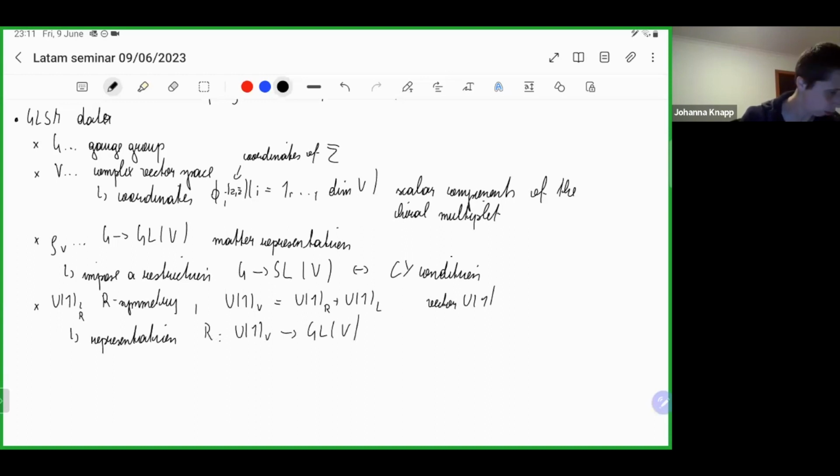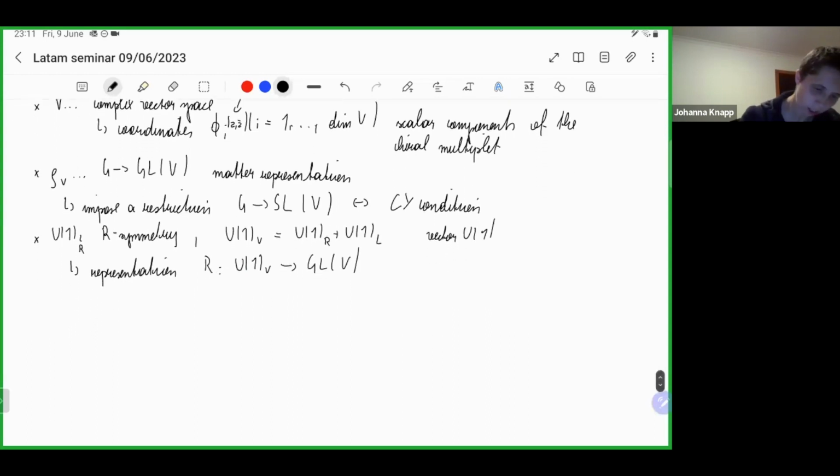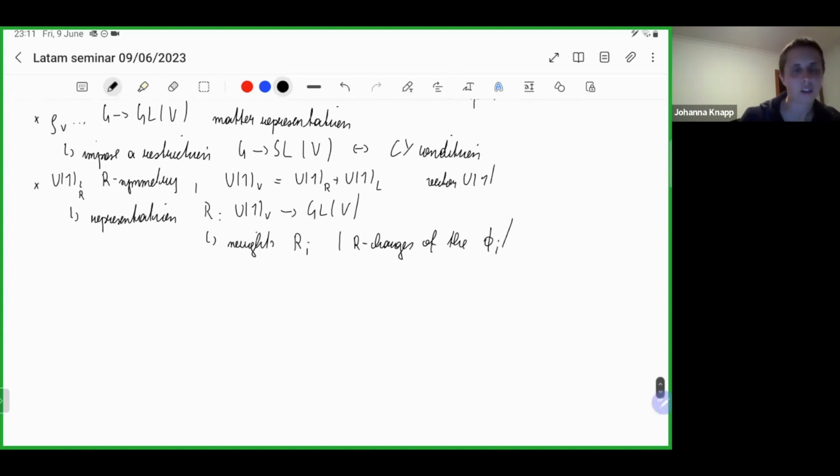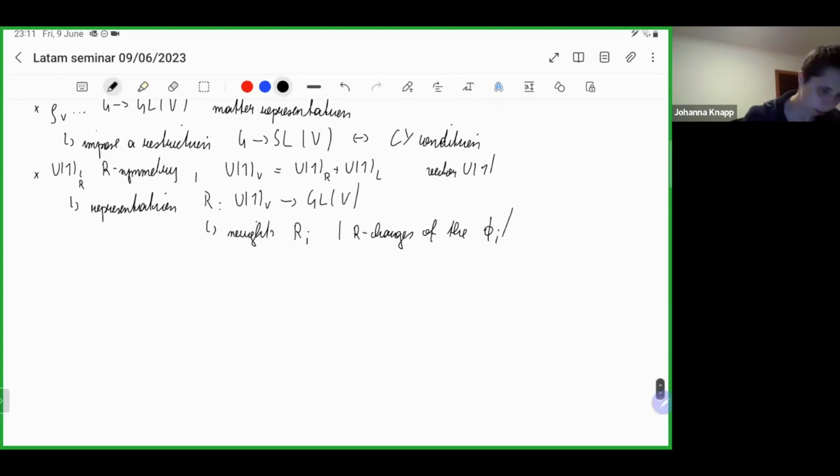You also have the axial thing, but I will not mention this today. And because the U1s are easy, the weights of this representation I will call Ri. So these are the R charges of phi I. So we only have a bunch of scalars and we have gauge charges and R charges. So not much has happened yet.